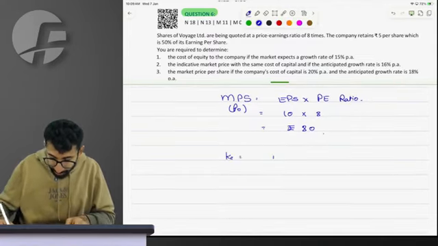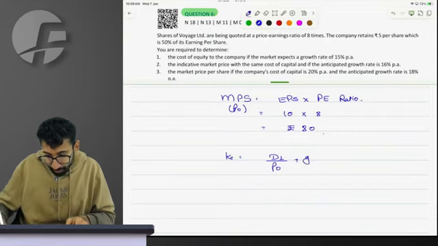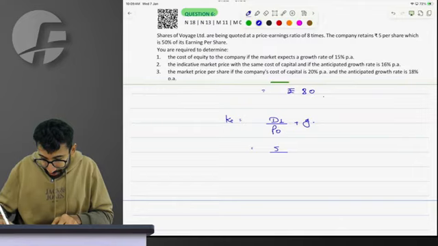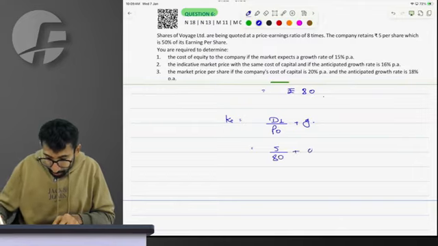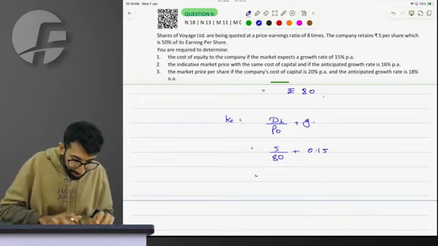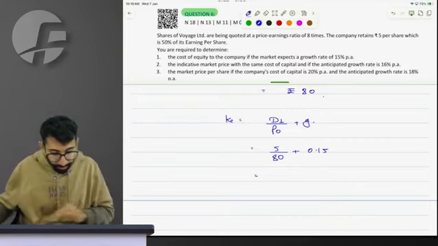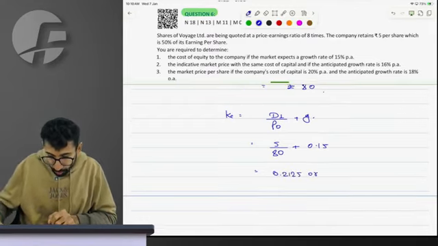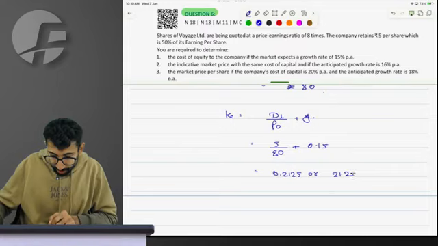So can I say KE is equal to D1 divided by P0 plus g. D1 is 5 divided by P0 of 80 plus the growth rate of 0.15 gives me the overall answer as 5 divided by 80 plus 0.15, which is 0.2125 or 21.25% as the cost of equity.